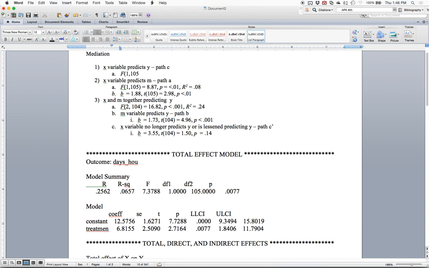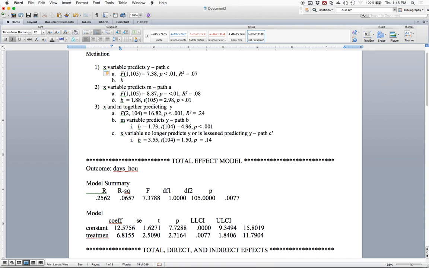So F(1, 105) is 7.38. P is less than 0.01 or equal to 0.01 if you want to round up. So I use these numbers here. And then R squared is 7%. Okay. So overall it is significant. Cool. The next thing we want to do is talk about what's the path, right?